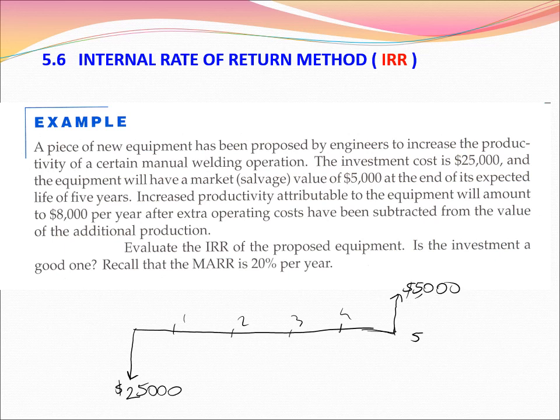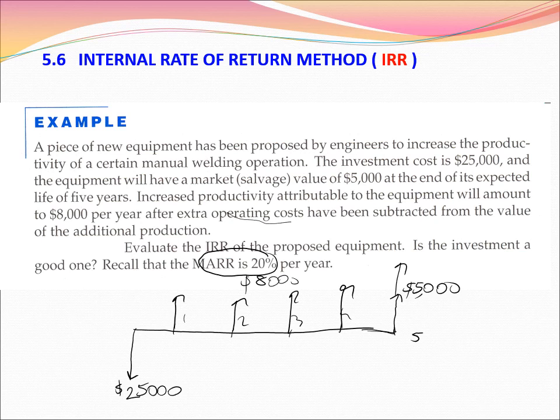And it says that because of the productivity increase, we will earn $8,000 per year extra after subtracting the costs. So this is the net amount that we are earning, $8,000. It says to evaluate this project using the IRR. In this example, the MAR is given as 20%. Again, I'm repeating, if you like, you can use the present worth, future worth, or annual worth method also to evaluate this project.